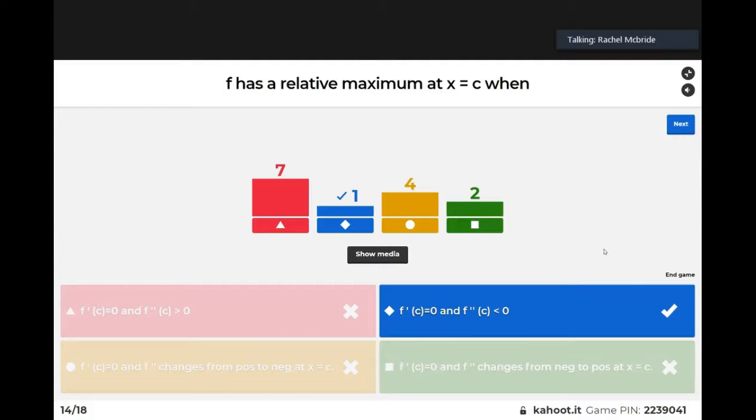So the second derivative test says that if the second derivative is negative, then you have a maximum on the original. So you're looking for the second derivative to be negative to have a max on the original. So kind of sad that only one of us knew that.